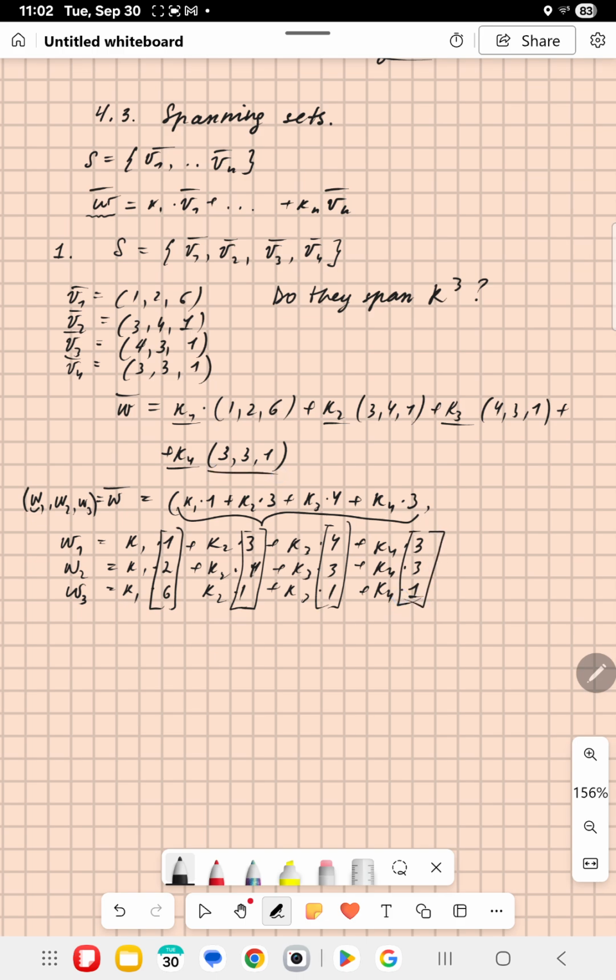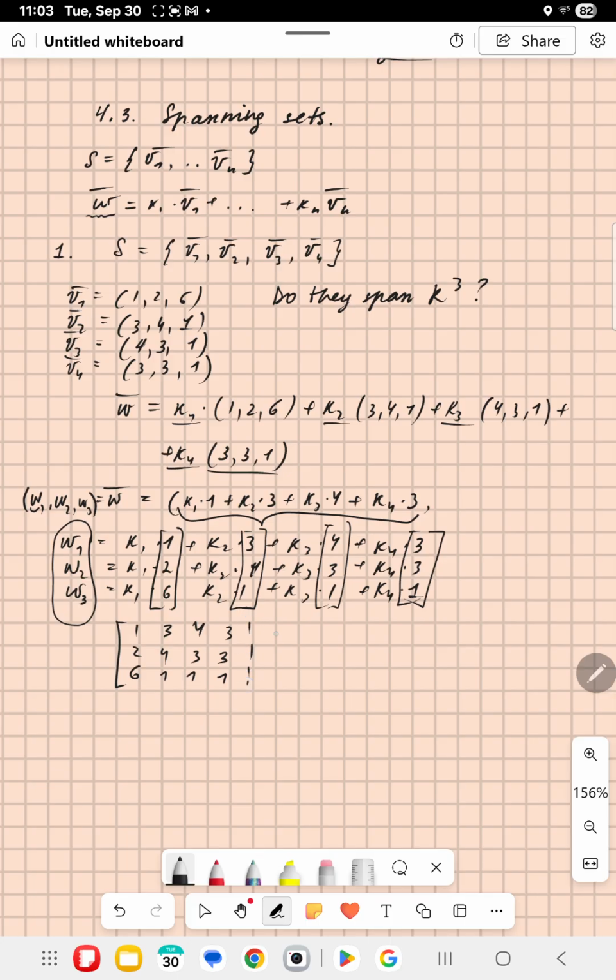If it was a homogeneous system, it would always have a solution because we have more variables than equations, right? But this is a non-homogeneous system. Non-homogeneous means that we do have the right side. Generally speaking, we're supposed to solve it. Let's try. I'm going to find the matrix of the coefficients, which is just the matrix of (1, 2, 6), (3, 4, 1), (4, 3, 1), and (3, 3, 1).